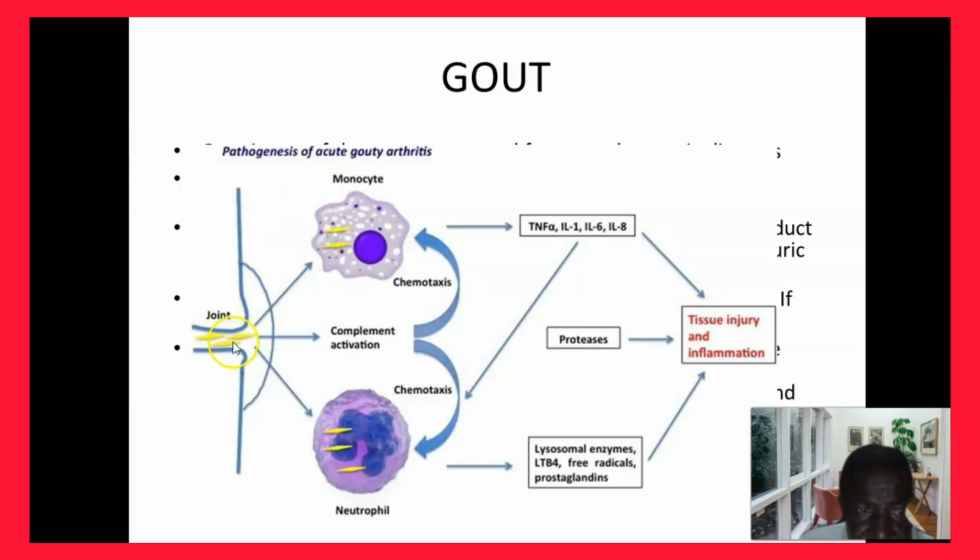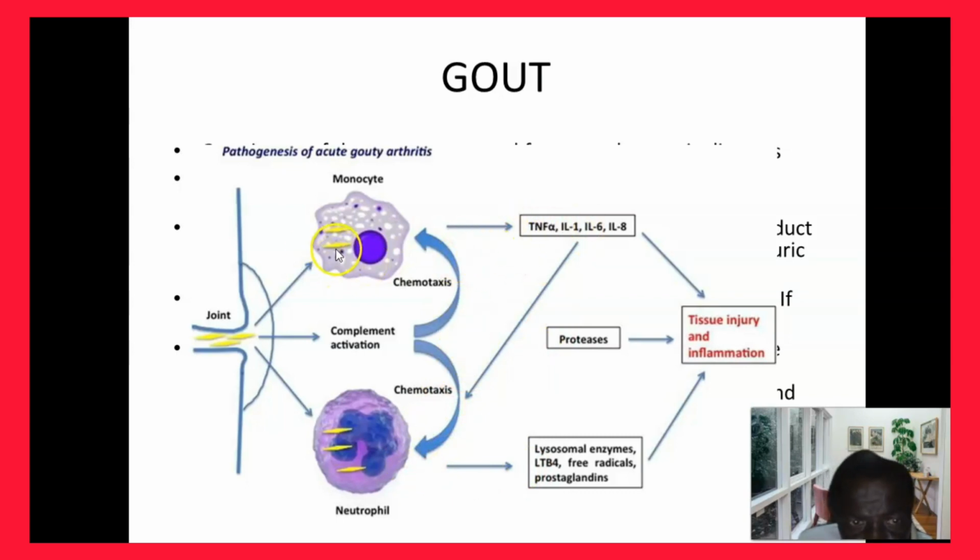This is the joints, and these are the crystals that pierce, and they invite the scavengers, the monocytes and the neutrophils, and also complement activation, inviting other immune responses.